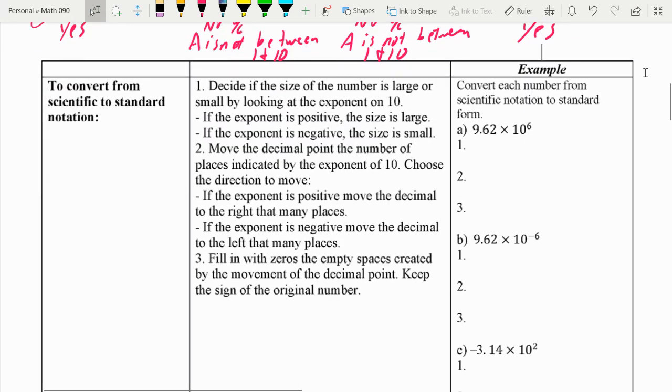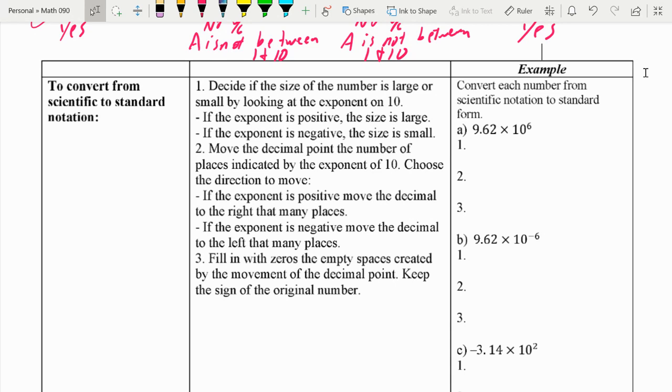Let's look over at these. I'll give you a second to pause it and read all those, 1, 2, and 3. Hopefully you've read it.